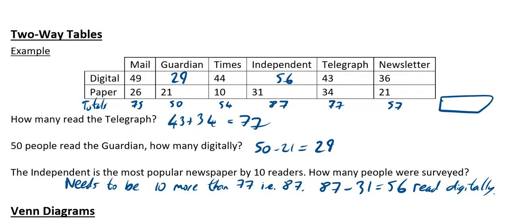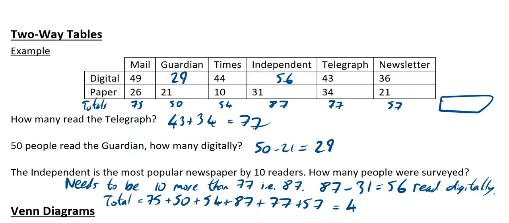If you add those all up, the overall total is 75 plus 50 plus 54 plus 87 plus 77 plus 57, and if we do that on our calculator, we should get 400 people. And that's it.